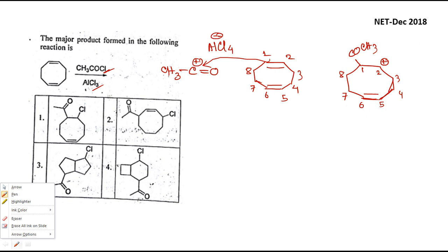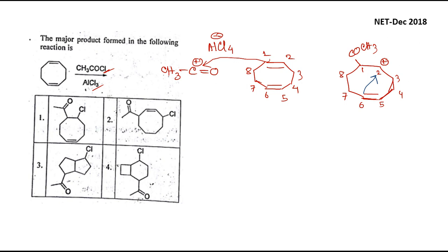Now this other double bond present here will attack the positive charge at 2 in such a way that we get a stable ring size. If it is 2-6 bond formation, you get a 5-membered ring on both sides. But if you are thinking, why not attack from 5, then if you attack 5 to 2, you will get a 4-membered ring on one side and a 6-membered ring on the other side.